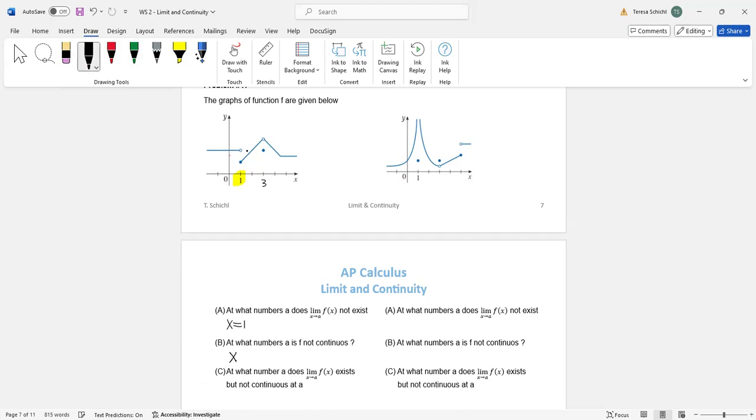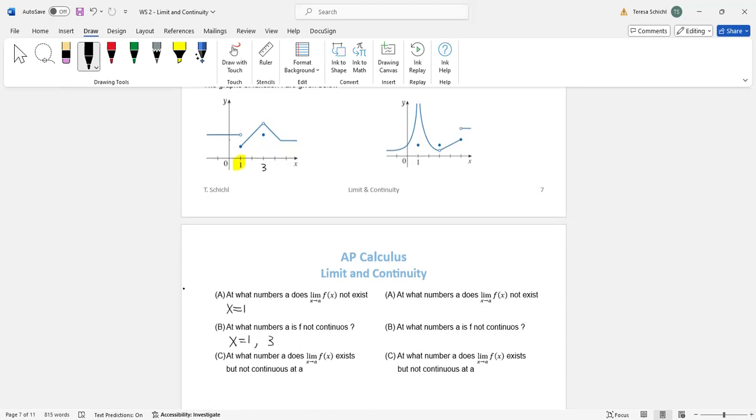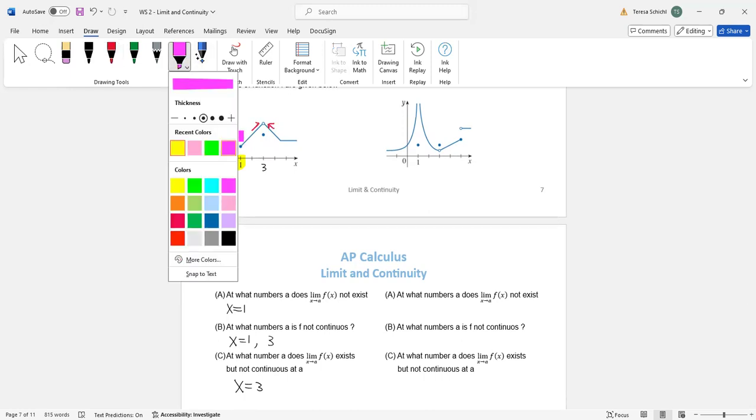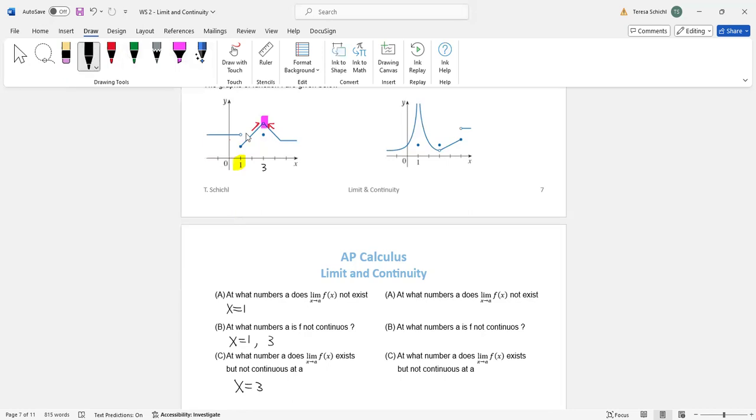So x equal to 1 is not continuous, and x equal to 3 is not continuous, right? The next one they ask is at what number a does the limit as x approaches a exist, but f is not continuous? Like we talked about, x equal to 3. Both sides approach this same value, so the limit exists, but it's not continuous.